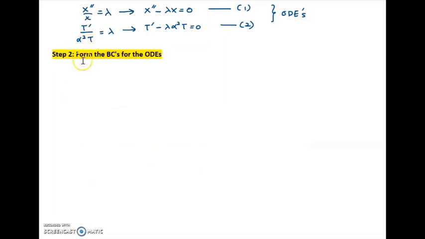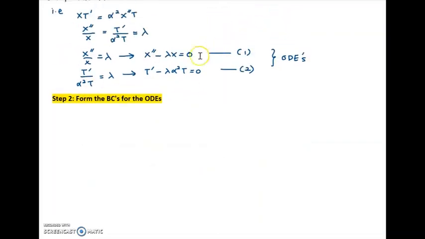Step number 2 is to form the boundary conditions for the ODE. We need to find the boundary conditions for the ODE here, because when we solve equation 1 and equation 2, we are going to produce constants. In order to get the constants, we need to have the boundary conditions.